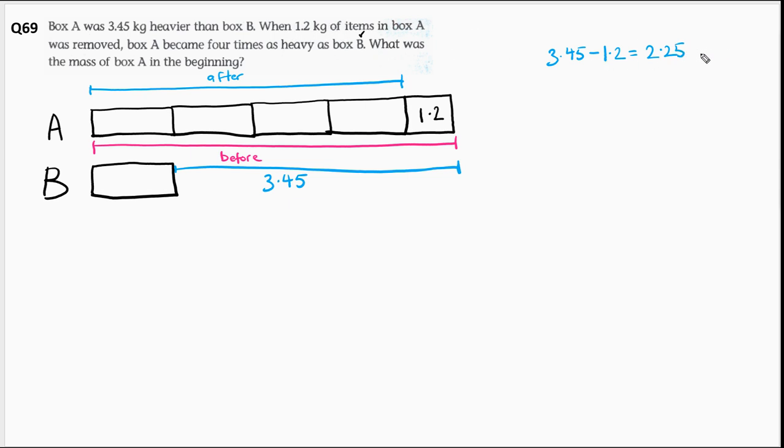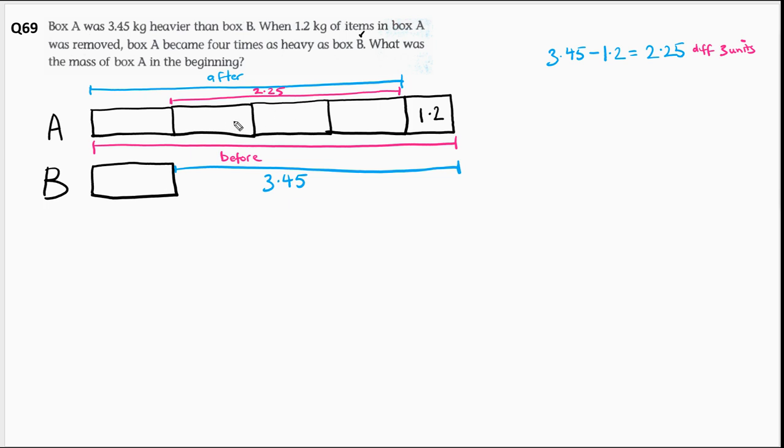Now I know I'm working in kilos. I'm not writing it in, but I will check at the end that I have put my units into my answer. So what is 2.25? Well, that 2.25 is the difference of 3 units.